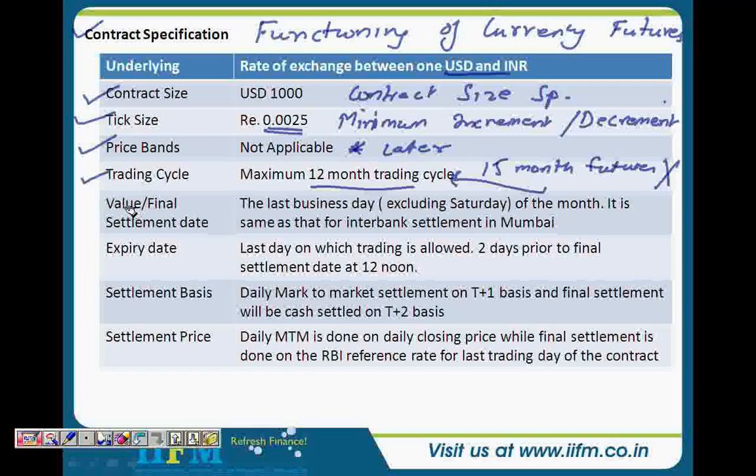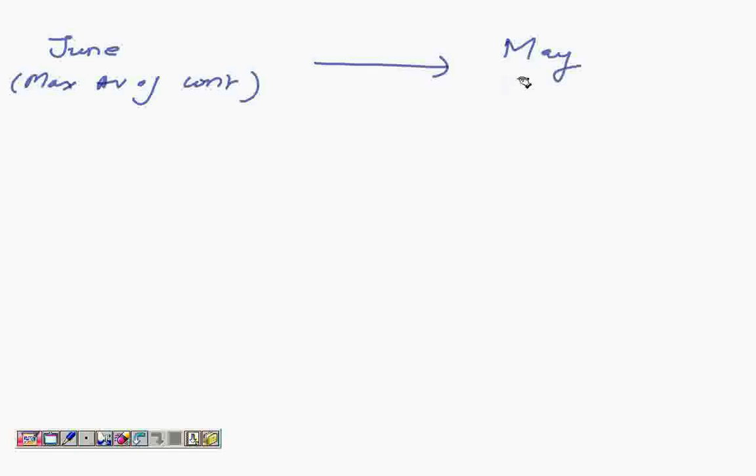So for example, you are in June. The maximum maturity of the contract which would be available on a future exchange would be a contract which ends in May. So on 1st of June, you have a contract with a maximum maturity of 31st May 2012.